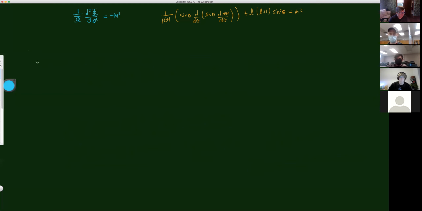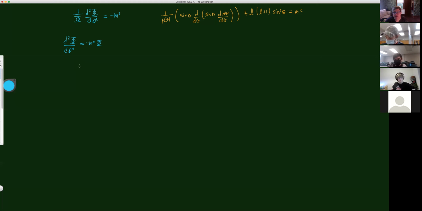Okay, so what can we do? Well, it's not a difficult one to solve. This one should look a little familiar. So let's write it in a different form. This form is the same as Newton's second law for a harmonic oscillator, d²x/dt² equals minus kx.